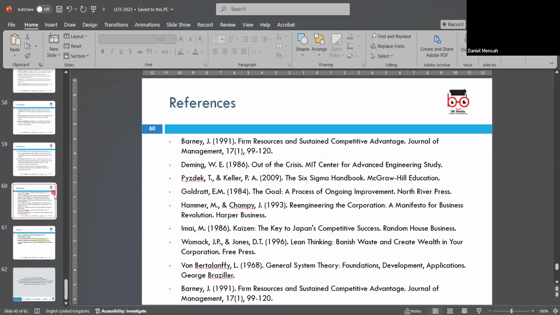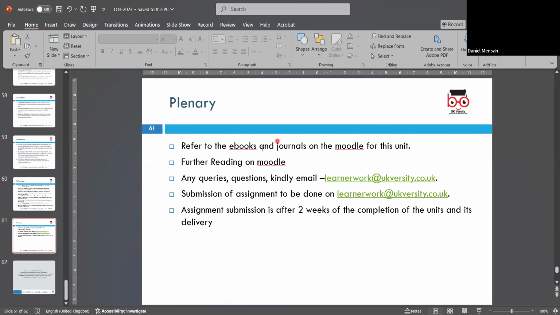It is very important to read books and journals for deeper understanding. There are some books and journals available on Moodle, so please read those. Go for extra reading for a deeper understanding of these concepts.